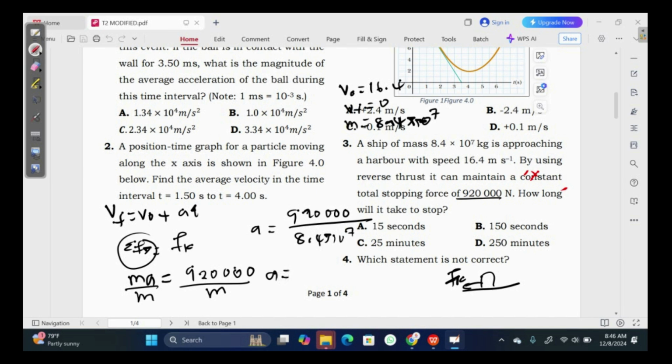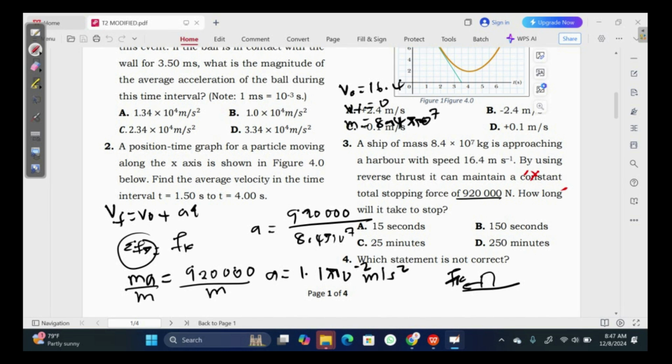So if we get our calculator, 920,000 divided by 8.4 times 10 to the power 7. I'm getting 1.1 times 10 to the power negative 2 meters per second squared.